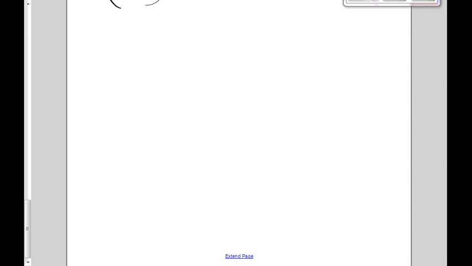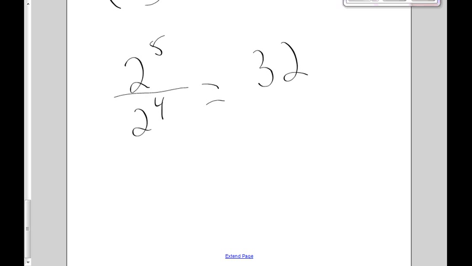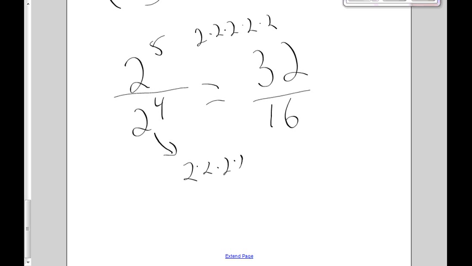All right, let's take a look at division of powers. If we have 2 to the 5 divided by 2 to the 4, well, this is really 32 because it's 2 times 2 times 2 times 2 times 2. And this one really is 16 because it's 2 times 2 times 2 times 2.